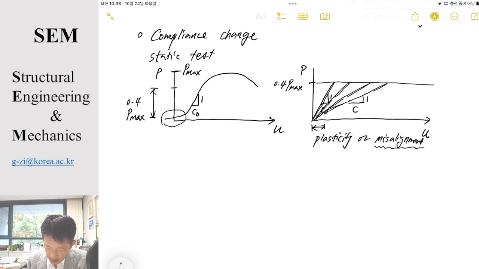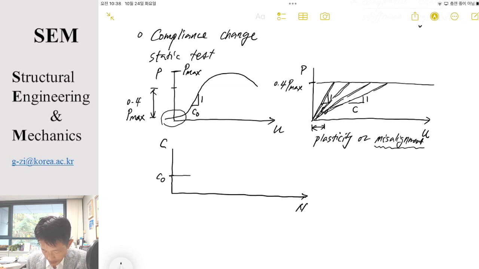So if you measure the compliance with respect to the number of loading cycles, this is compliance, and this is initial compliance. Then by the number of loading cycles, compliance increases like this. And then we can specify a certain critical limit here, see critical, for instance. And then we stop our test at this point, okay?